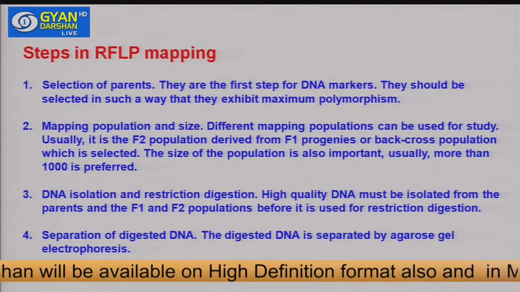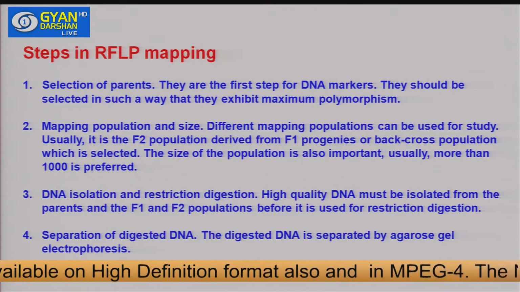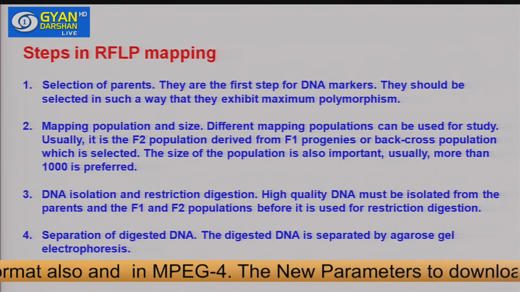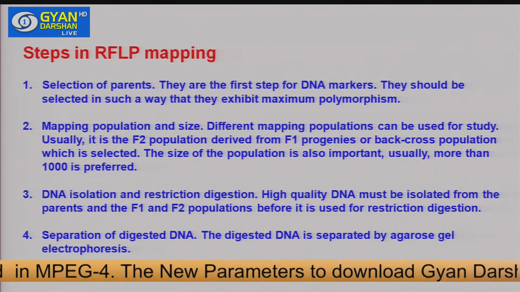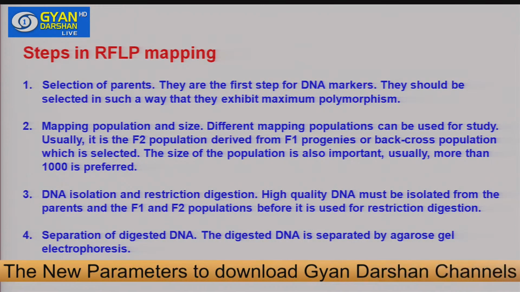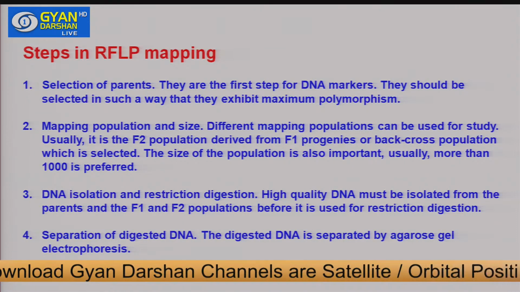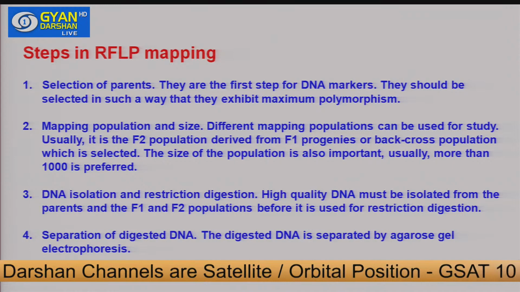Then you need to isolate the DNA. The process is almost the same, because RFLP is also a kind of fingerprint. For restriction digestion, high quality DNA must be isolated from the parents and the F1 and F2 populations before it is used.